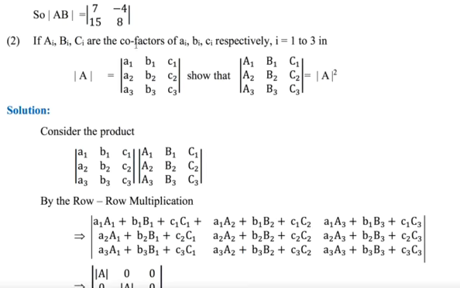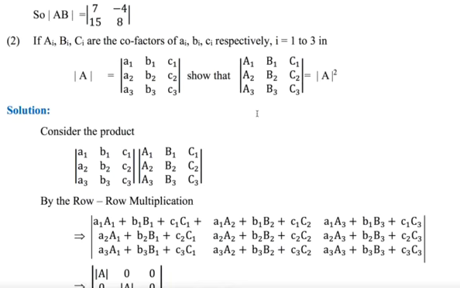A1, B1, C1 are the cofactors of a1, b1, c1 respectively, for i from 1 to 3. You might know what a cofactor is: for A1, erase this row and this column, and whatever remains, find its determinant; that is the cofactor of a1. So the cofactor of a1 is capital A1, the cofactor of a2 is capital A2, like that.